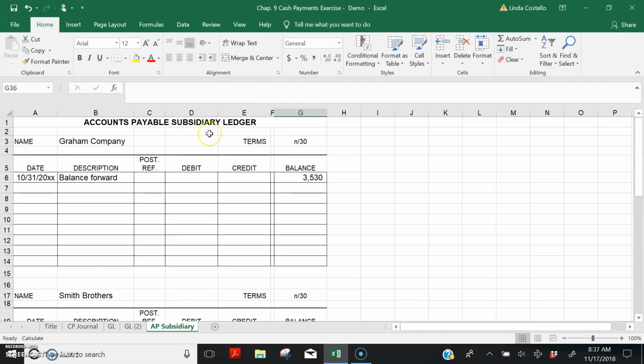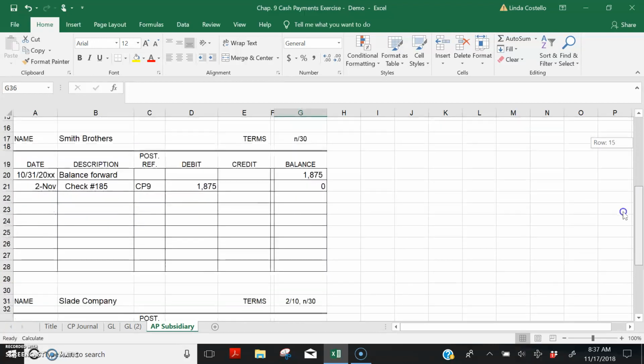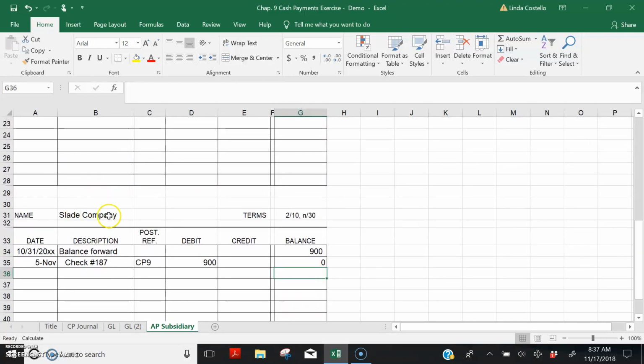Accounts payable subsidiary ledger, vendor card for Slade Company, date November 5th, check number 187, posting reference CP9, debit $900, leaving a zero balance on account, the previous $900 credit balance less the $900 debit we just posted.